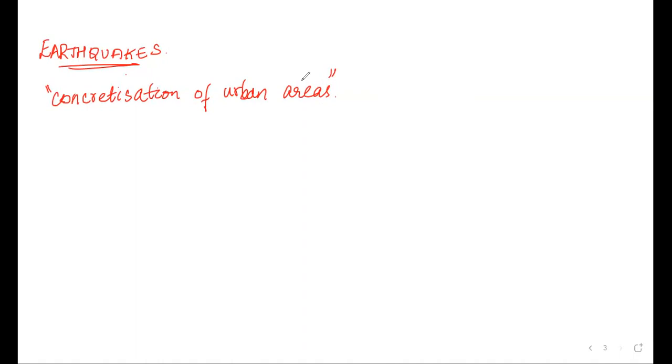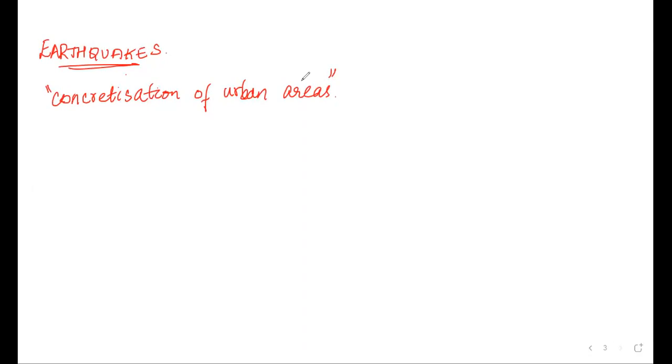Also, body waves, surface waves, we have done all of it when we dealt with the study of the interior of the Earth. That's not my point of discussion. I'm going to discuss where geographically, with respect to India, you can expect the maximum amount of earthquakes.